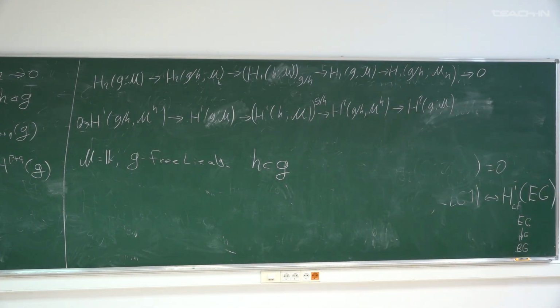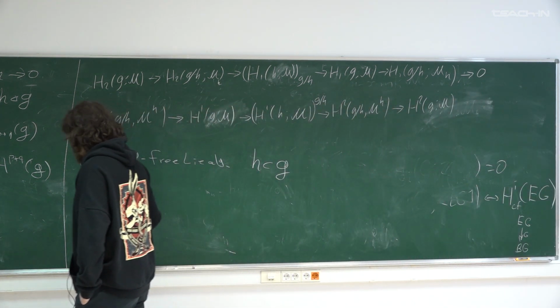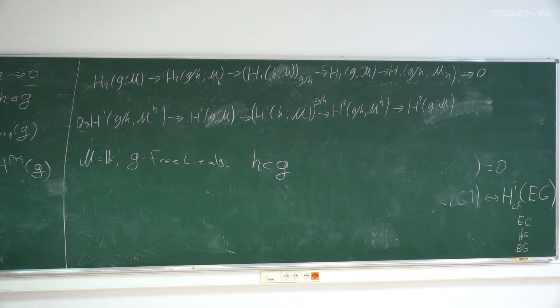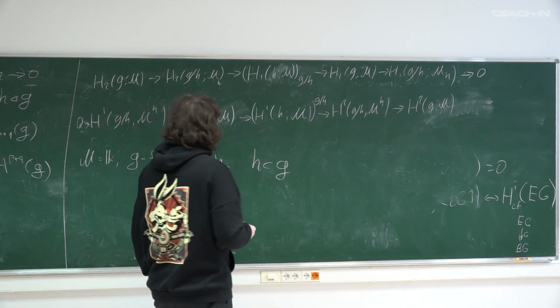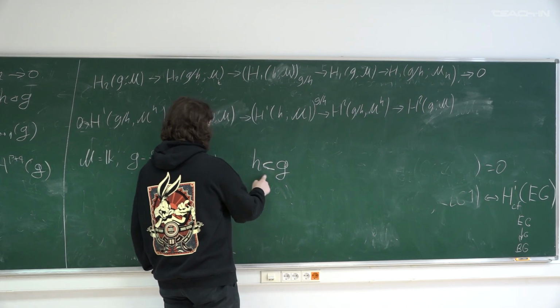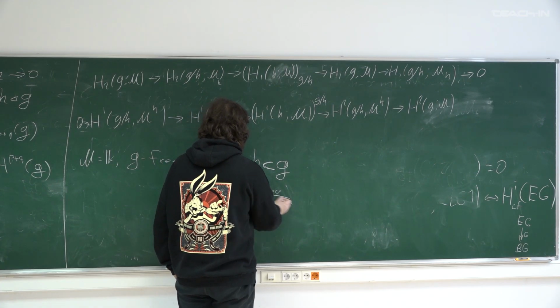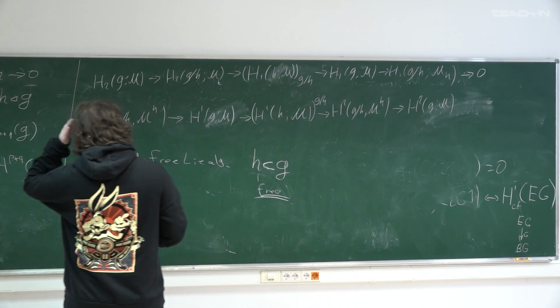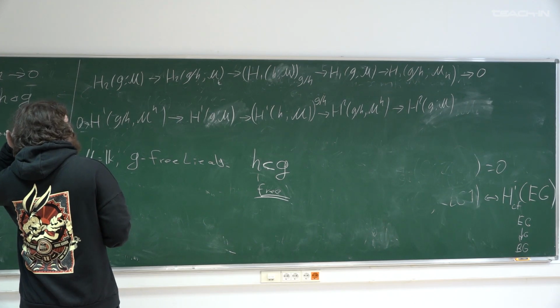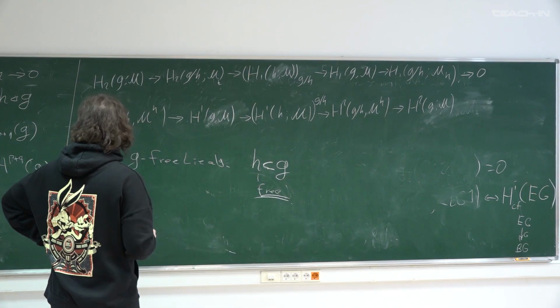For groups, for example, it's the Nielsen-Schreier theorem, and for groups it can be obtained from topology, from covering space theory. But for Lie algebras it is some theorem that a Lie subalgebra of a free Lie algebra is also free.